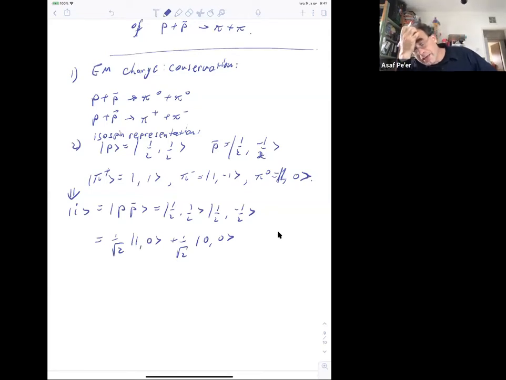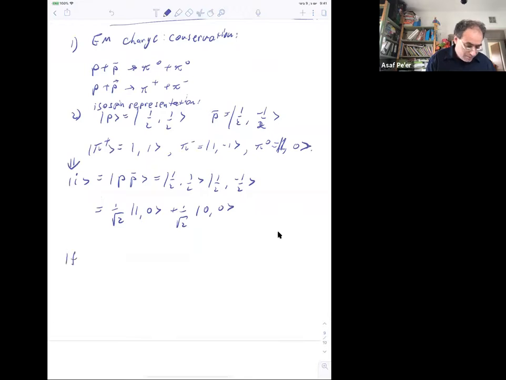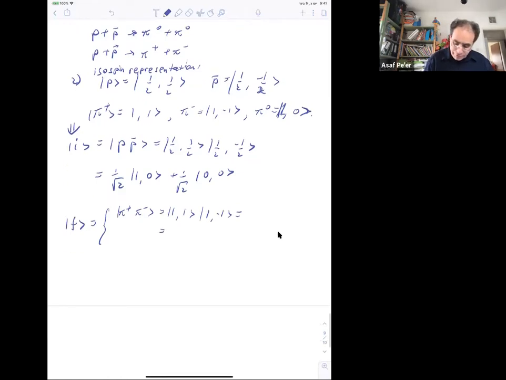What we really take here is from the Clebsch-Gordan coefficients. So if you're not sure, just go to the Clebsch-Gordan table. And the same we do for the final state. Now we have 2 options. Either it's a pi plus, pi minus, which is 1, 1 and 1, minus 1. Using the Clebsch-Gordan coefficients, that is equal to 1/√6 of 2, 0 plus 1/√2 of 1, 0 plus 1/√3 of 0, 0.